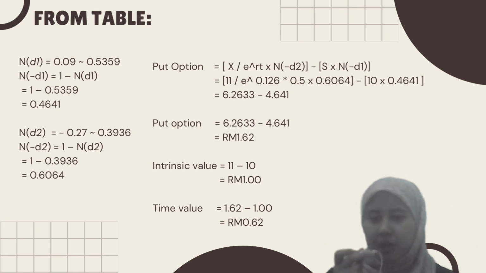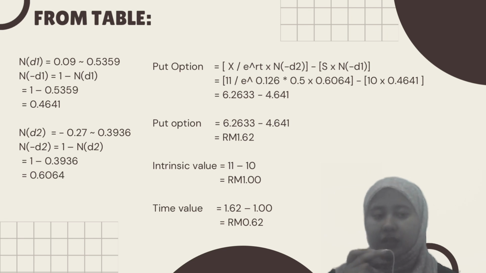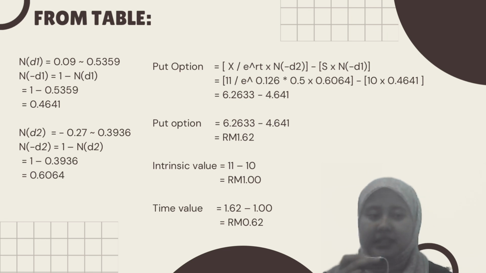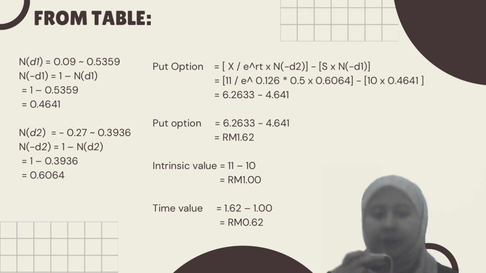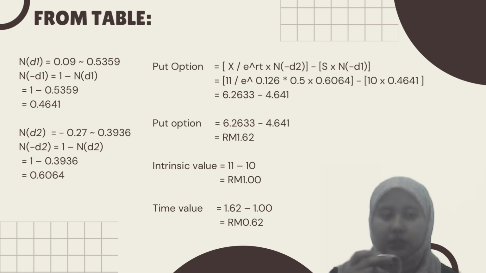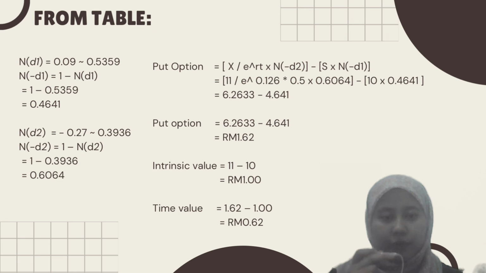Using the Black-Scholes model for the put option, the formula is P equals X divided by e to the power of negative R times T, multiplied by N of negative D2, minus S multiplied by N of negative D1. Now let's plug in the values. The strike price is 11 ringgit, divided by e to the power of 0.126 times 0.5, multiplied by 0.6064.